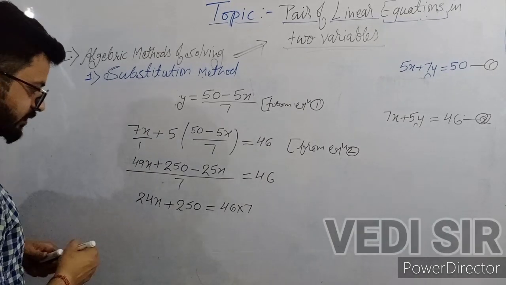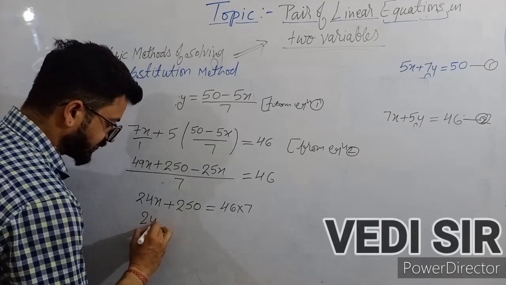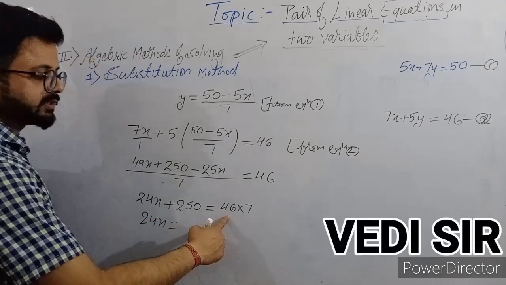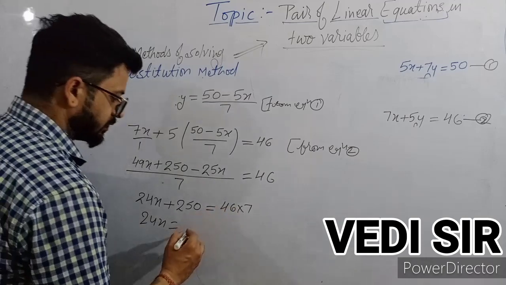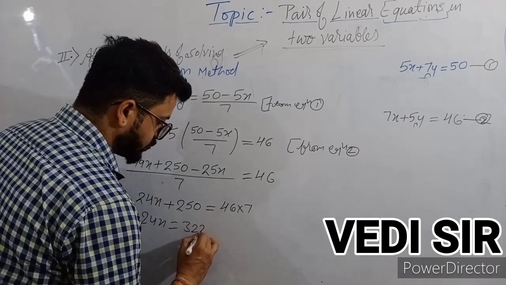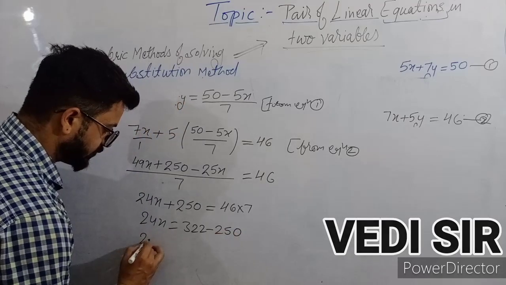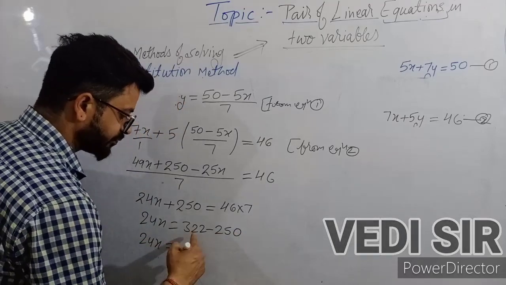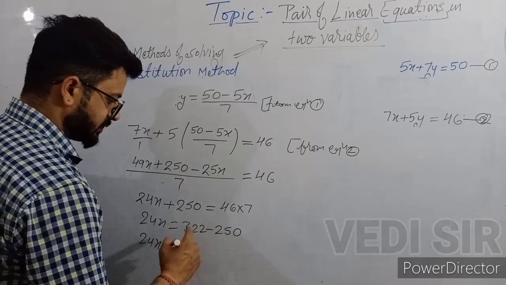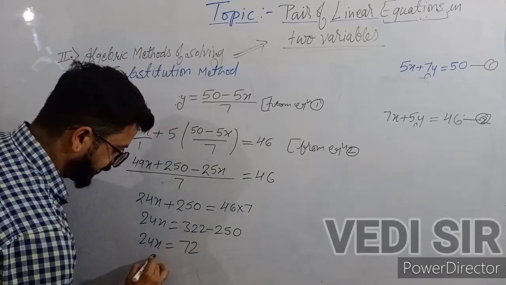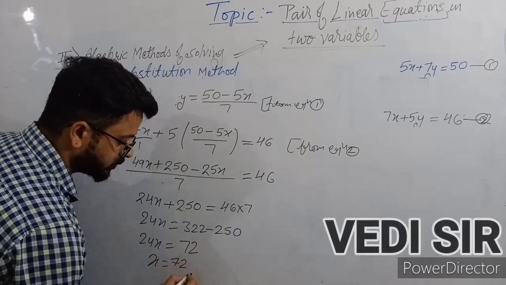So multiplication we have done. 24x is equal to the multiplication 46 into 7, 322, transfer 250: 322 minus 250, so 24x is equal to 72.